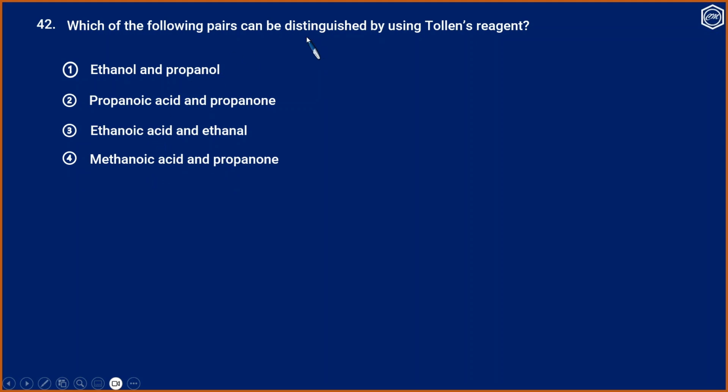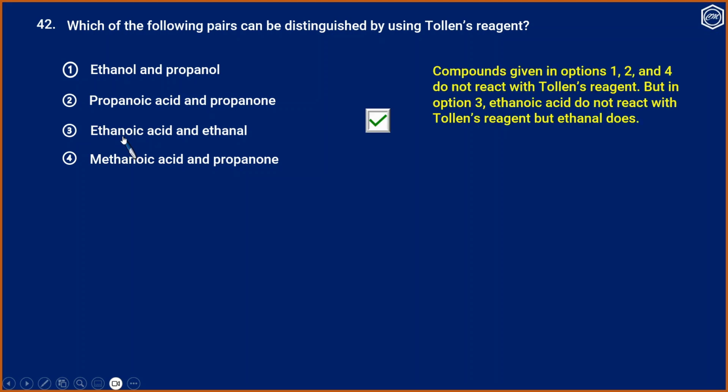The test is answered by ethanol. So we can distinguish ethanoic acid and ethanol using the reagent. That is the correct answer.